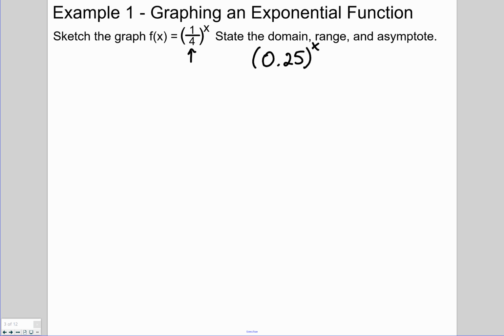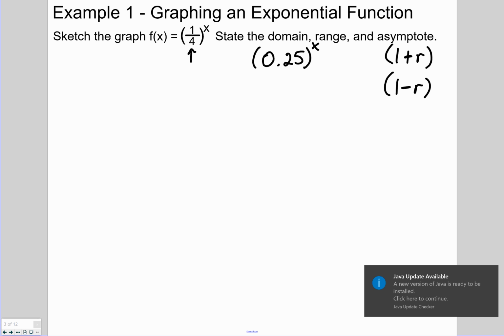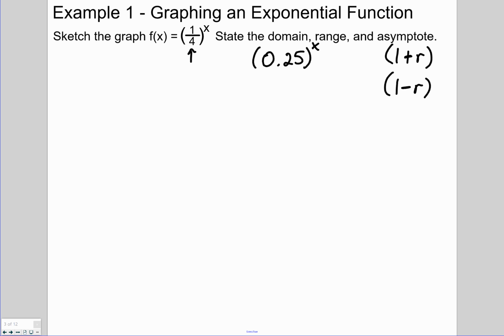Let's think back to yesterday. Remember, yesterday for growth, we used 1 plus r. If our growth rate is 0.1, 1 plus 0.1 is going to be 1.1. That's greater than 1, so that's why it's growth. If we use subtraction, and our rate of decline, let's say, is 5%, which is 0.05, 1 minus 5% would be 0.95, which is between 0 and 1.